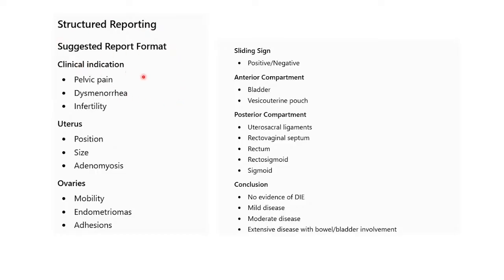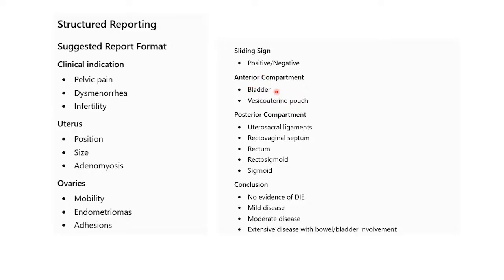So the clinical indication: pelvic pain, dysmenorrhea, infertility. Then the uterus: the position, the size, adenomyosis, if it's there, comment on it. The ovaries: the mobility, endometriomas if they are there, the adhesions; you're checking on those. The sliding sign, is it positive, is it negative? This is part of your report.